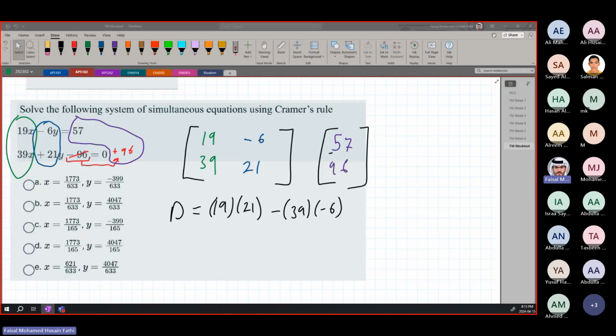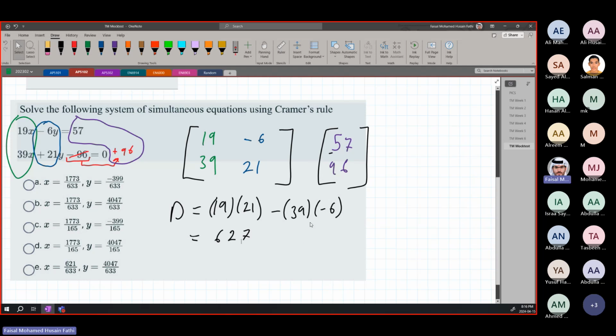If you put this in the calculator very quickly, 19 times 21 minus 39 times negative 6, this is going to give you 627. All right, so 627 is your D.